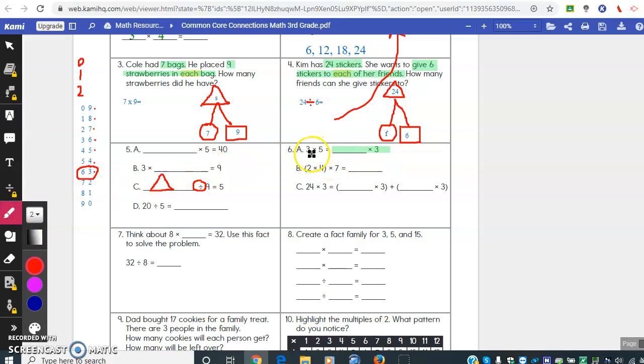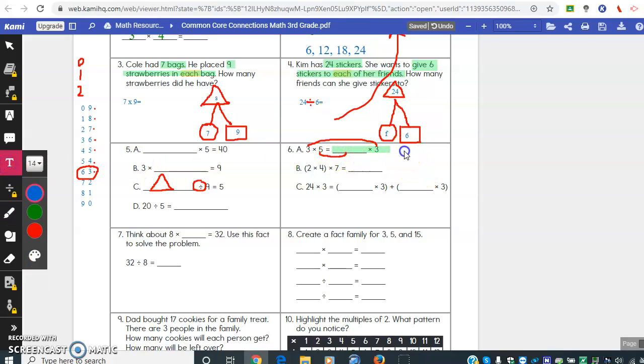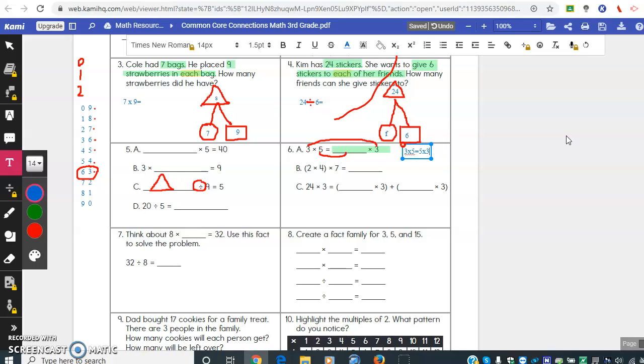All they've done is they've taken this problem, 3 times 5, and they've put the 3 here, and they want you to put the 5 here. They want to know that you know that 3 times 5 is the same as 5 times 3. 3 times 5 equals 5 times 3. That is what they are saying here, you guys. Just commutative property. I didn't even have to multiply. All I did was switch my numbers around. Okay.